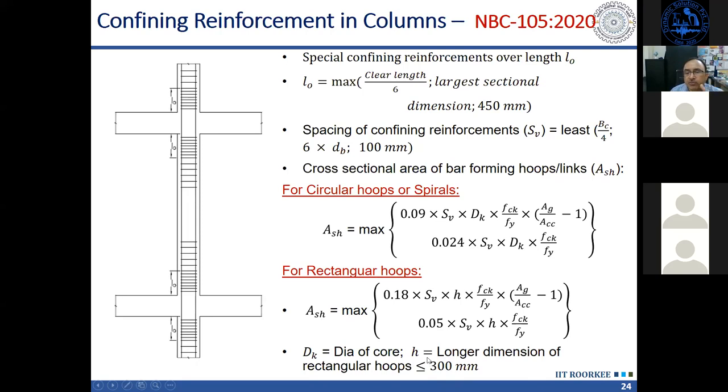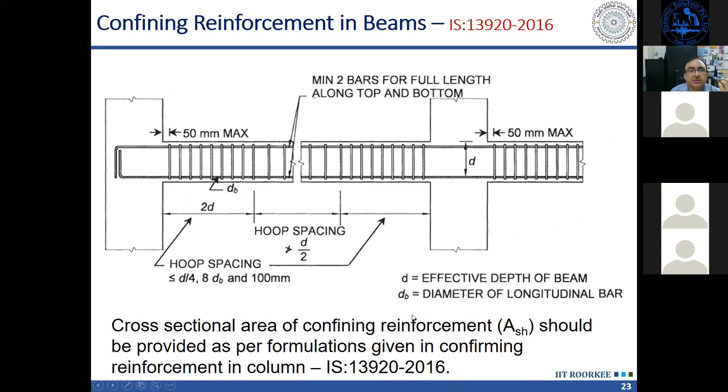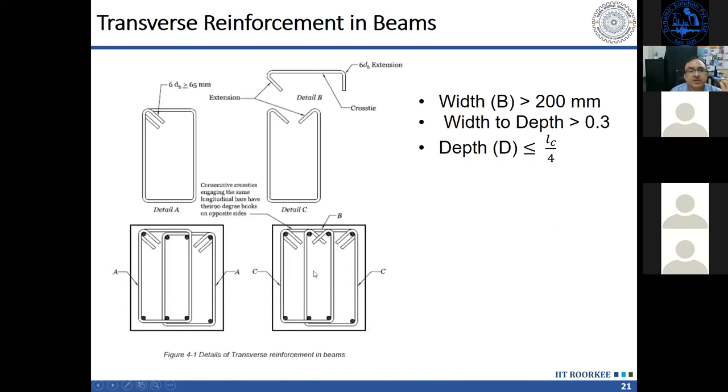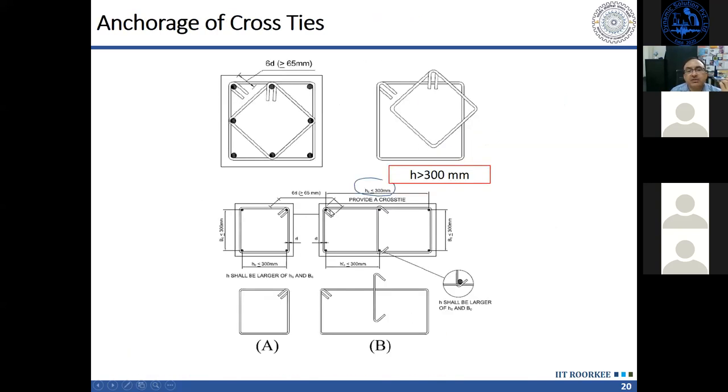Okay, if you have provided ties, then also this H will reduce. So this is actually the spacing between these longitudinal bars which are restrained. So if you are having more number of ties which are restraining the closer bars, or the spacing between the restrained bars is reduced, then ASH is going to reduce.